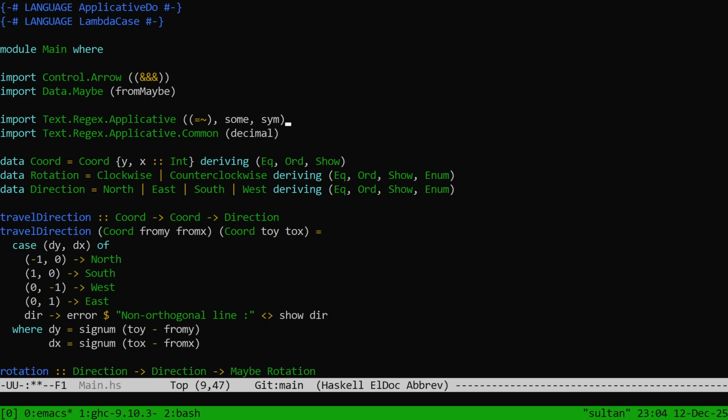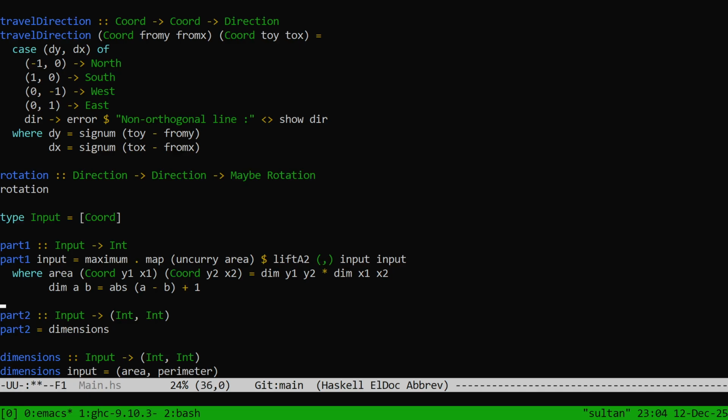Because I did write them out in clockwise order like a good boy. So if you were going north and you're now going east, that's clockwise. Rotation of old and new, I guess?